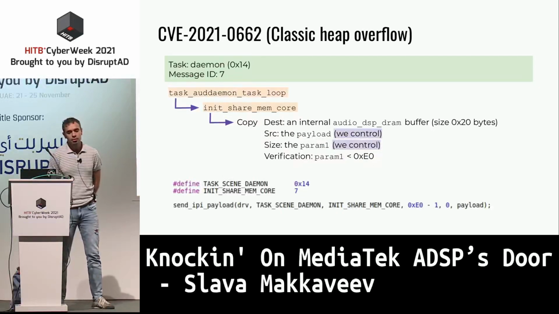But the size of the destination buffer is 20 bytes, and this means that we can freely overflow C0 bytes in the heap. To patch the audio DSP heap memory, it's enough to send the relevant EP message to the daemon audio tasks and transmit the message payload as a part of the message. That's all.